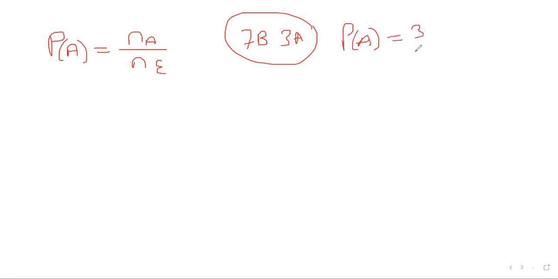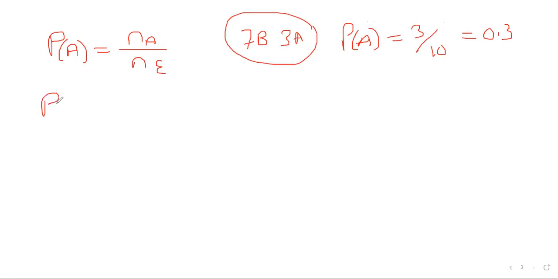How many fruits do we have in total? Yeah, 10. So 0.3. That's how we find A. How do we find B? The number of elements that are bananas, 7, out of the total number of fruits, which is 10.